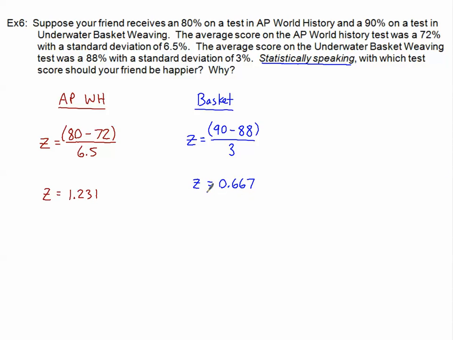Again, this is good too because this is above the average, but if we're talking statistically speaking, with which test score should she be happier? Well, it's clear, hopefully, that this z-score is better. This one is higher above the average. They're both above average, so that's good in both classes, but since this is higher above the average, the AP test wins.